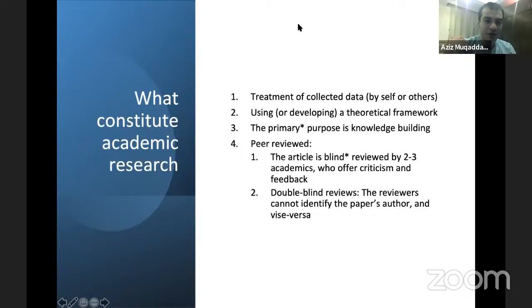It's not that because I like my friends, I will just get their articles published, because I don't know who the article's author is, right? So this is one mechanism by which academia tries to establish a level of objectivity in the type of research that is published in academic journals.